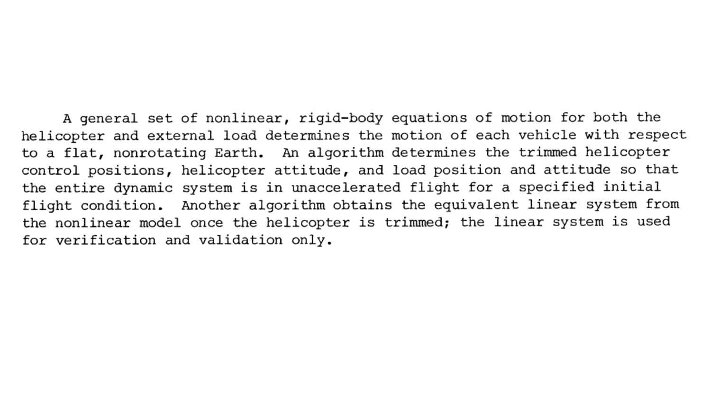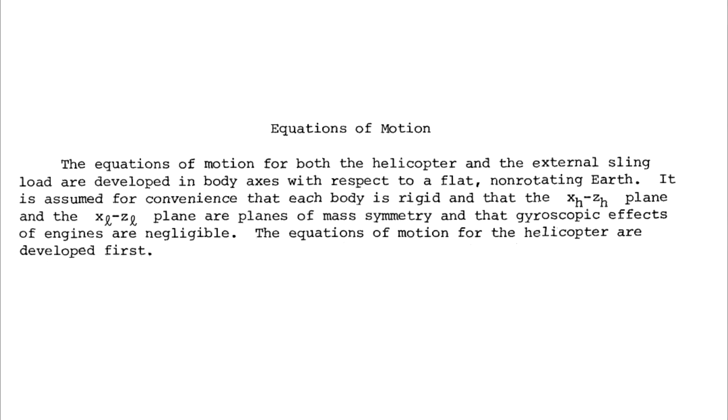On page 2, the document specifies that a general set of nonlinear, rigid body equations of motion for both the helicopter and external load determines the motion of each vehicle with respect to a flat, non-rotating Earth. Later, on page 33, it again confirms the equations of motion for both the helicopter and the external sling load are developed in body axes with respect to a flat, non-rotating Earth.